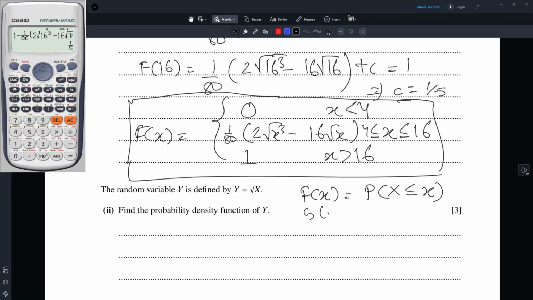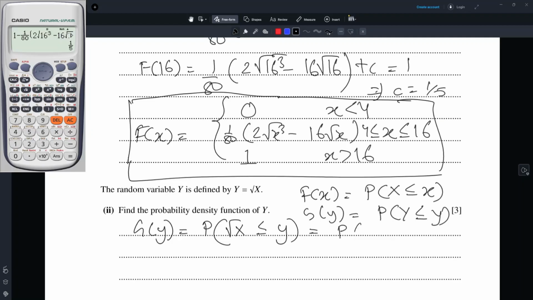So we actually have G of y equals probability of Y less than or equal to y. So G of y equals probability of Y equals root X less than or equal to y, which means probability of X less than or equal to y squared. What it means is that I can replace any x inside with y squared.